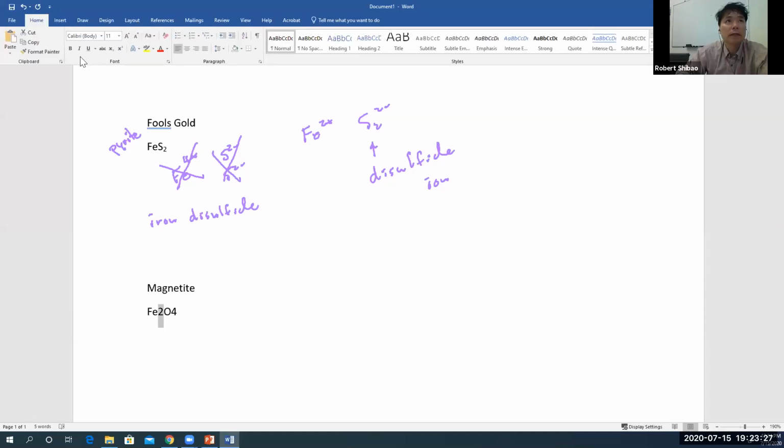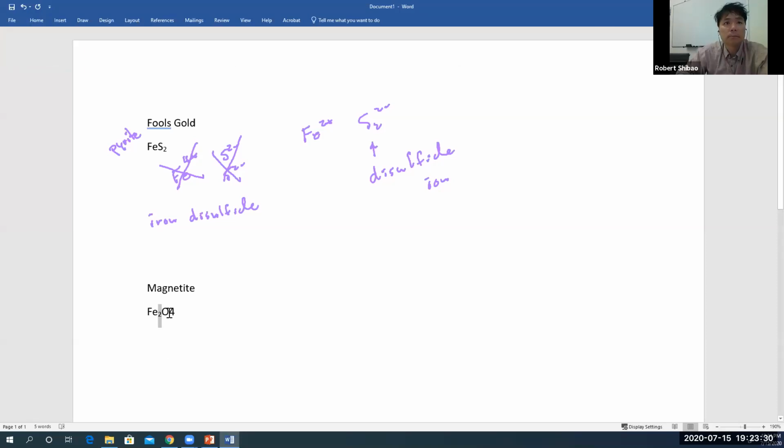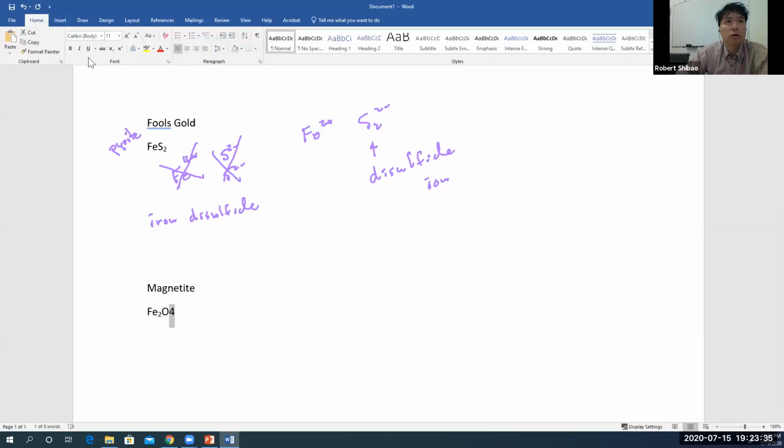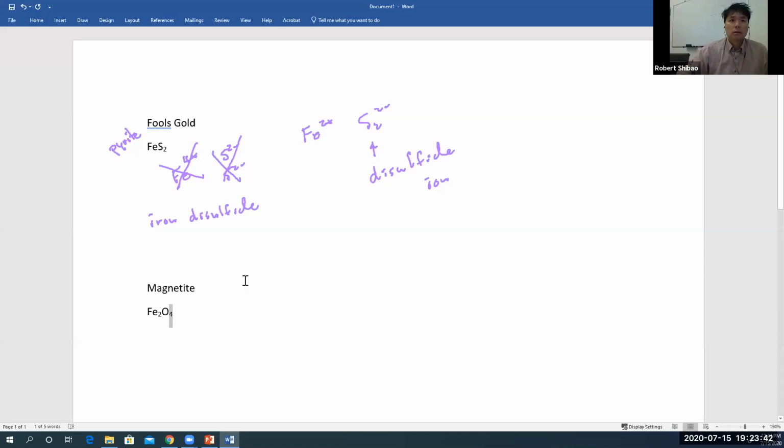So what does that mean for the charges on this? If we look at magnetite, well, what's oxygen's typical charge? Oxygen is -2. And so I have 4 of them. So 1, 2, 3, 4. So altogether, the negative charge is -8. I have Fe3, sorry, Fe3O4.